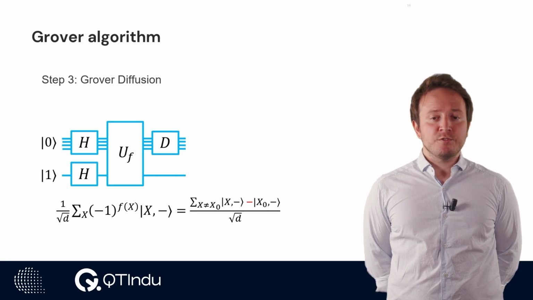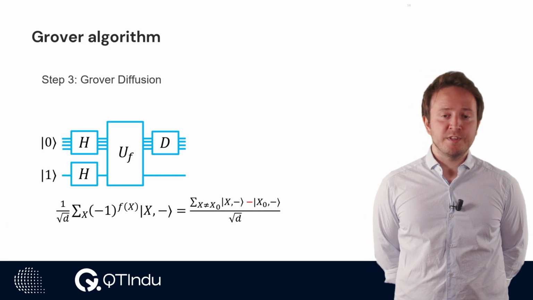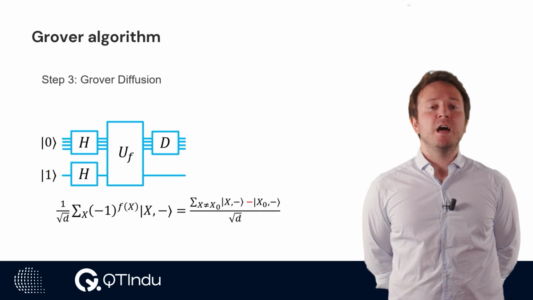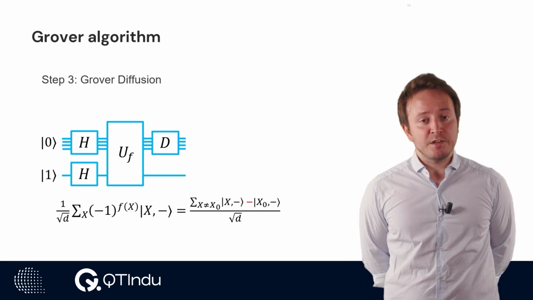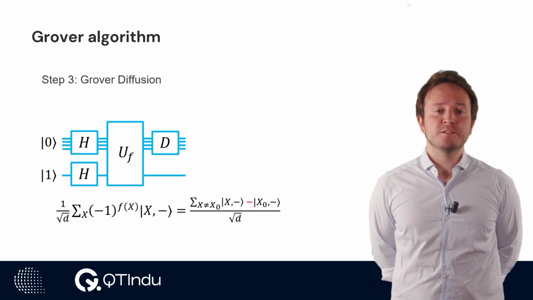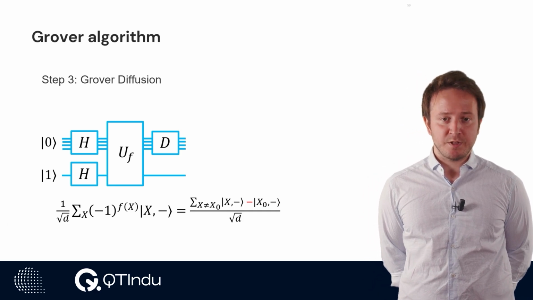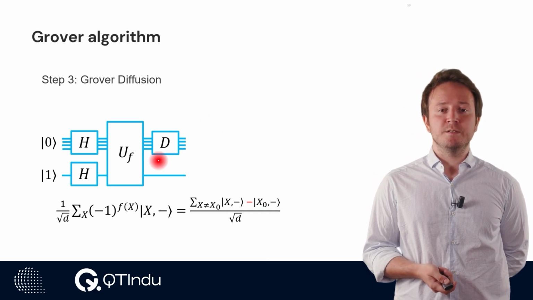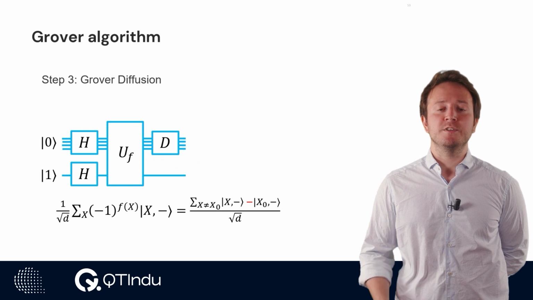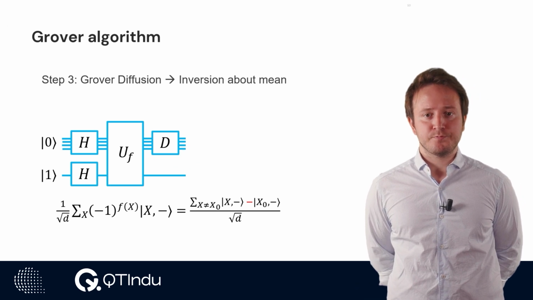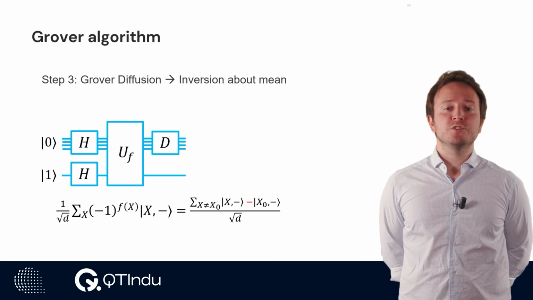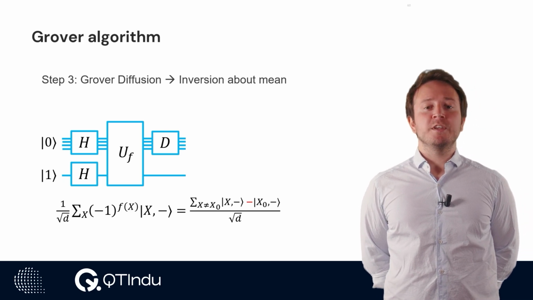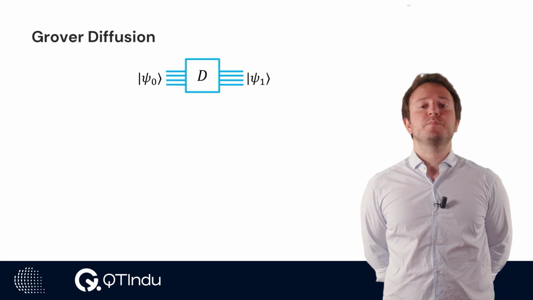Now, to get something useful out of this state, we need to apply another gate to the qubit register. This is a new gate that we haven't seen before, and it's called Grover diffusion. It's this box called D. Another name for the Grover diffusion is the inversion about the mean, and we will see why this comes about.